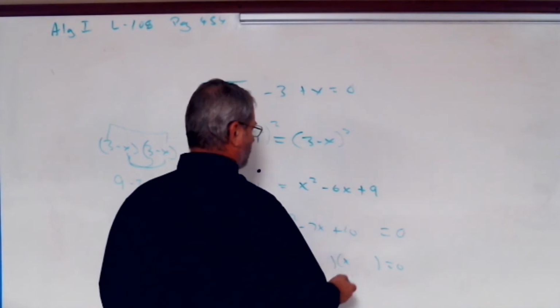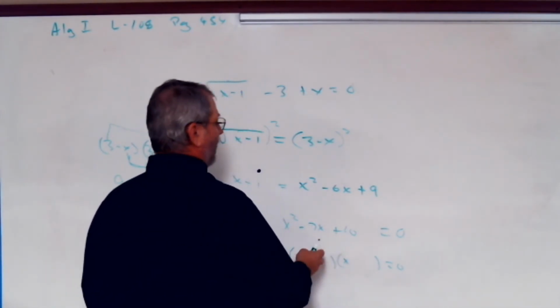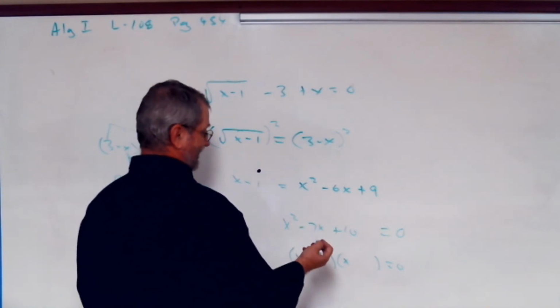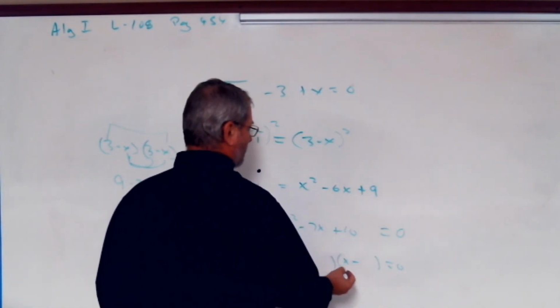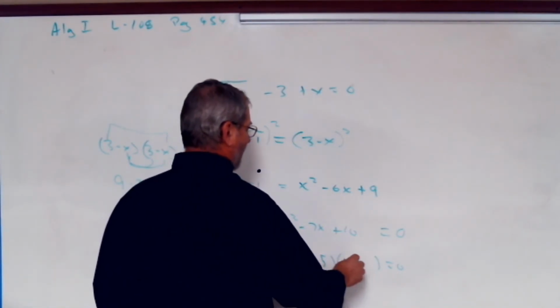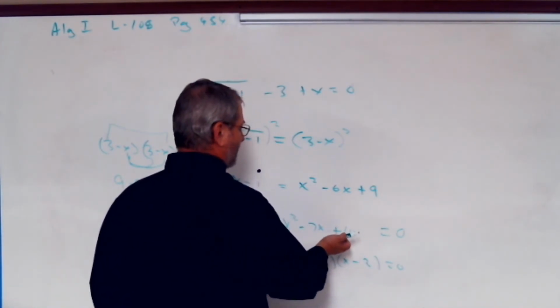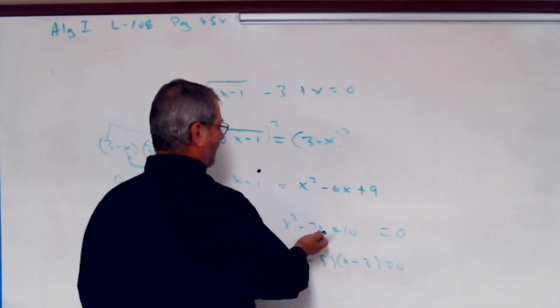There's x. There's x. I have a minus here and a plus here. The only way to get that is a minus times a minus. Negative 5 times negative 2 is positive 10. Negative 5 plus negative 2 is negative 7.